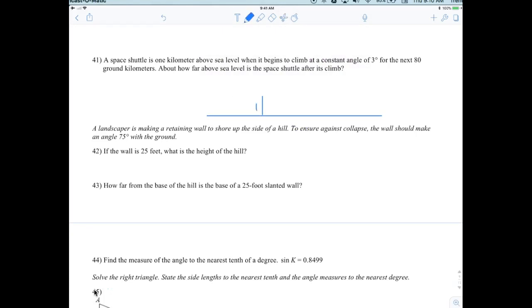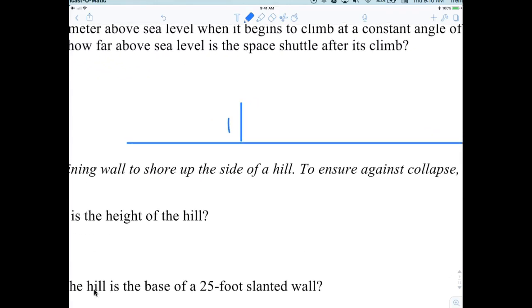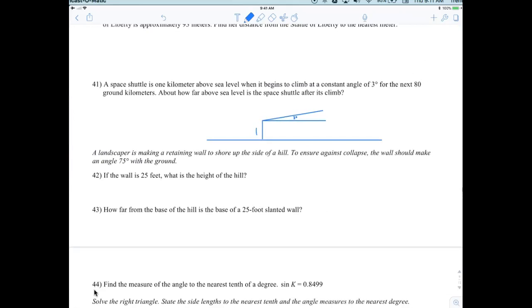And then it says the space shuttle begins to climb at a constant angle of 3 degrees for the next 80 ground kilometers. So let's see what that means. So it's climbing at 3 degrees, right? So here's what I'm trying to draw for you. So this right here is a 3-degree angle, right? For the next 80 ground kilometers.